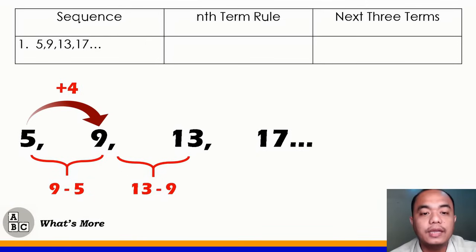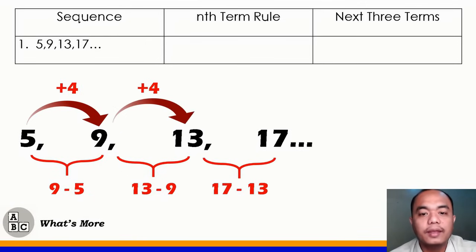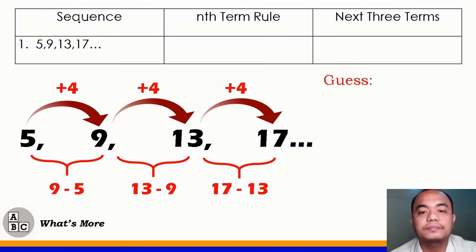Let's have 13 minus 9 equals 4. So, we have a pattern there already. And let's have one more, 17 minus 13. We look backward. And then, that's it. We have now the pattern. So, obviously, we have a common difference of 4.